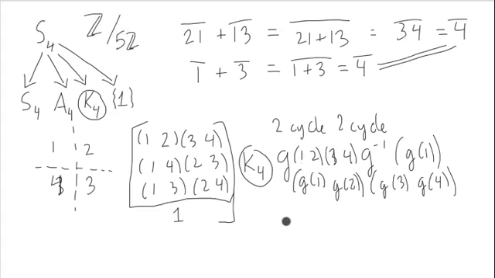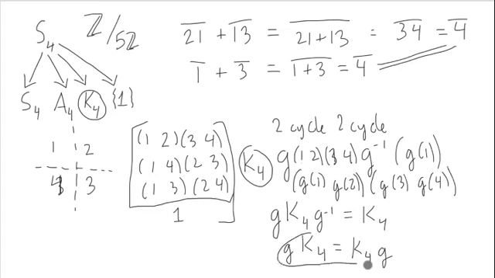How is that useful? Well, that means in particular that I have this idea, which is the same thing as saying that the left coset is equal to the right coset with the same element of G. This right here is the criterion that we need for any G in relation to K4, where G is in the ambient larger group, for a subgroup to be normal.